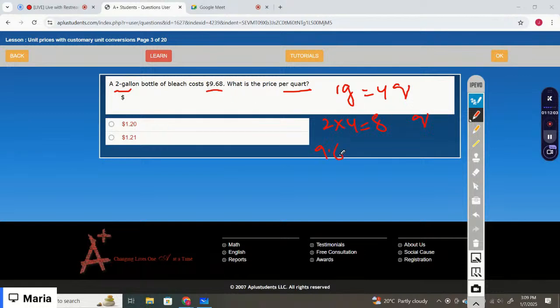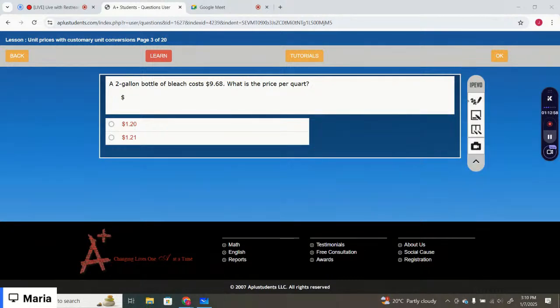So divide 9.68 by 8. That is 1.21. Option number 2 is the correct option.